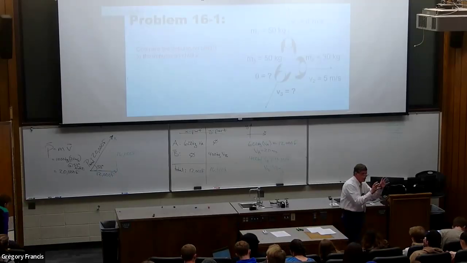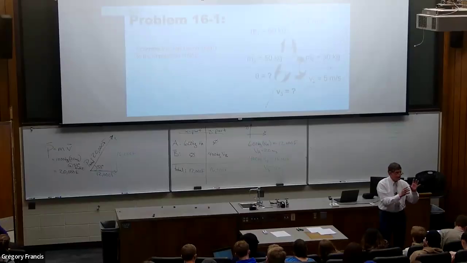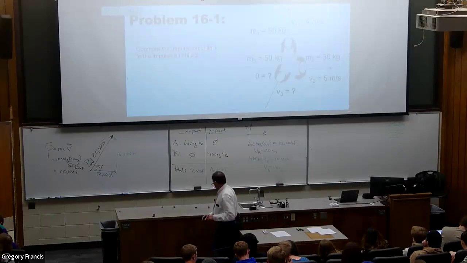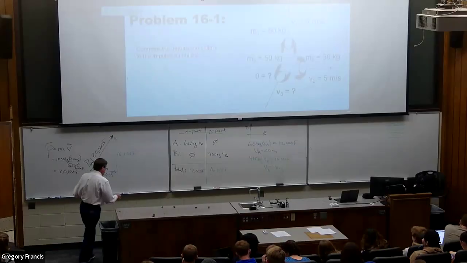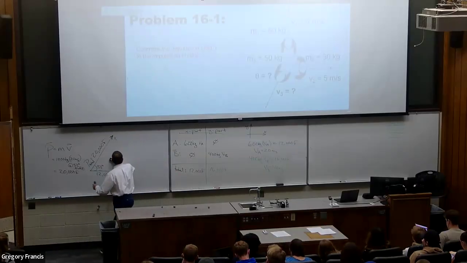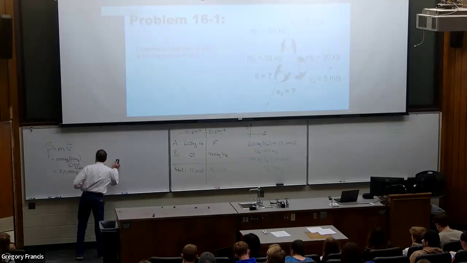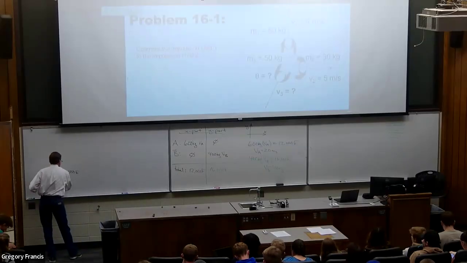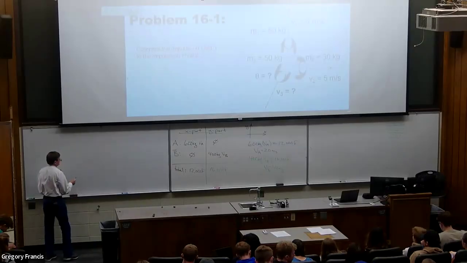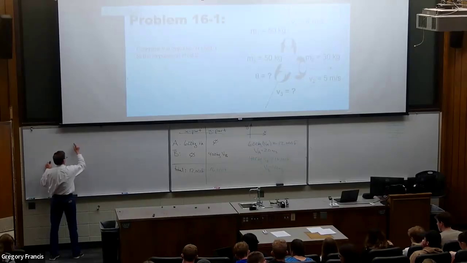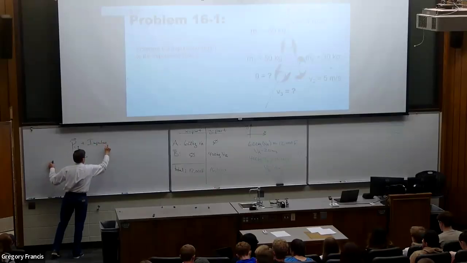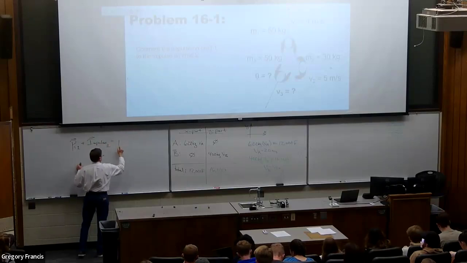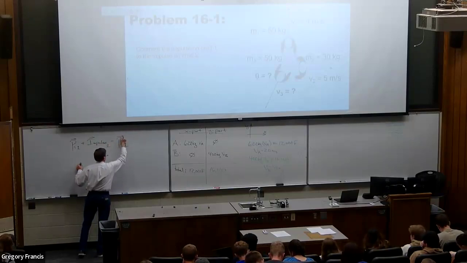But if I just look at child 1, the impulse on child 1 is not 0. Let's find out what it is. If I use the general momentum equation for child one, I get the initial momentum for child one plus the impulse on child one is equal to the final momentum of child one.